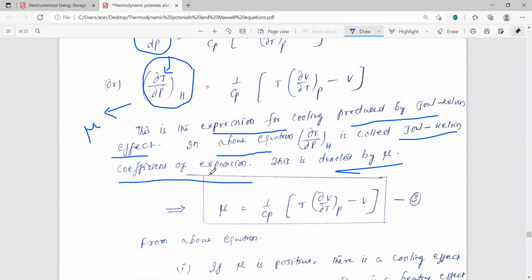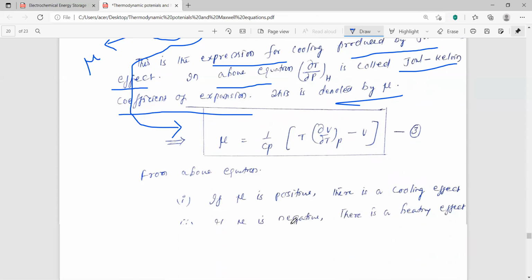Therefore, how can I write this equation? Instead of dou T by dou P at H, I can substitute mu. Mu equal to 1 by Cp into T dou V by dou T at P minus V. This is the equation for Joule Kelvin coefficient of expansion.